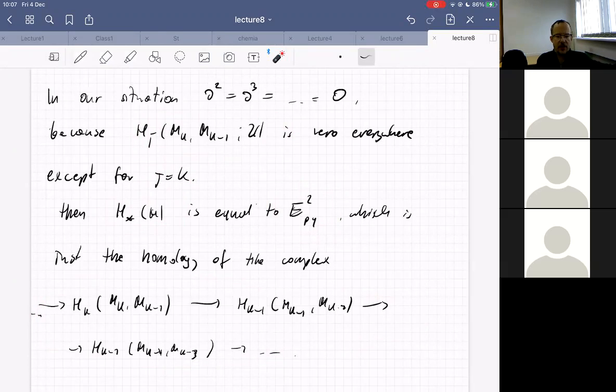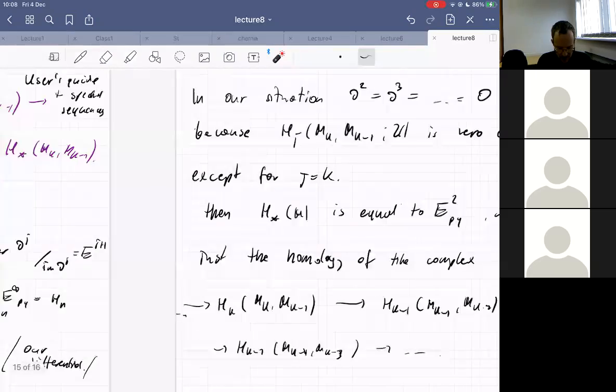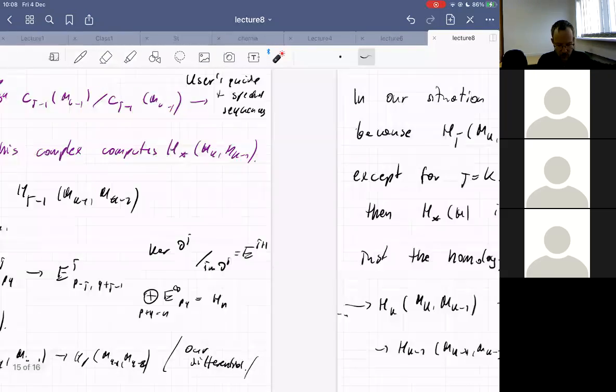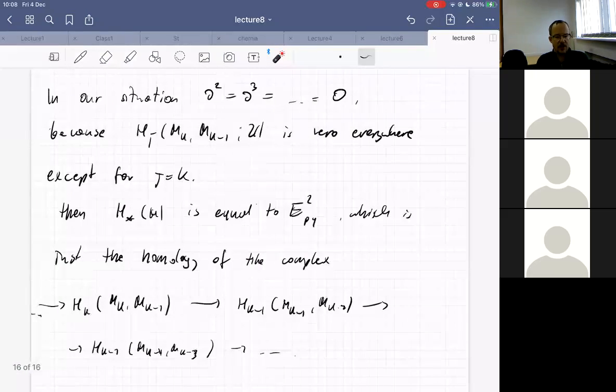And if you prefer, you can try to do it inductively using Mayer-Vietoris. And maybe it's instructive to do it, but this is an occasion to see that there are some objects like spectral sequences, and sometimes they are worth using.